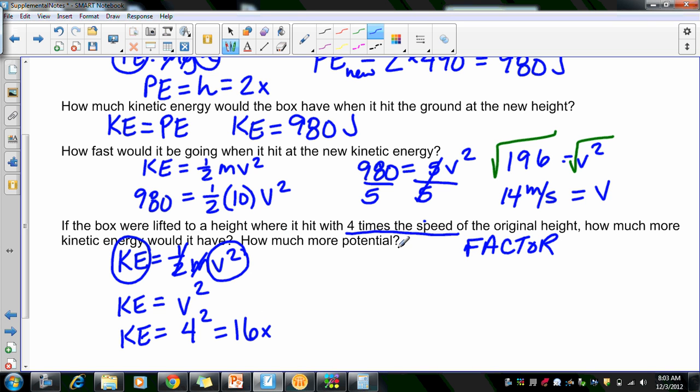How much more potential energy will it have before it's dropped? Well, again, just like up here, kinetic energy is equal to potential energy. The potential energy at the top is equal to the kinetic energy at the bottom. So then potential energy will also change by 16 times.